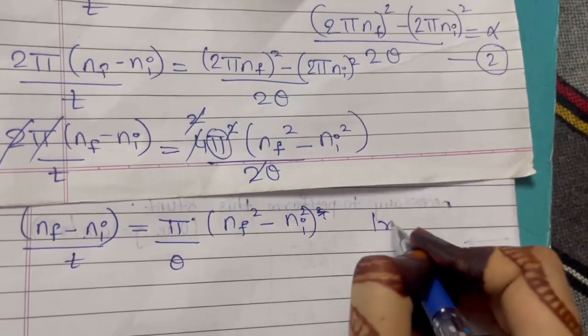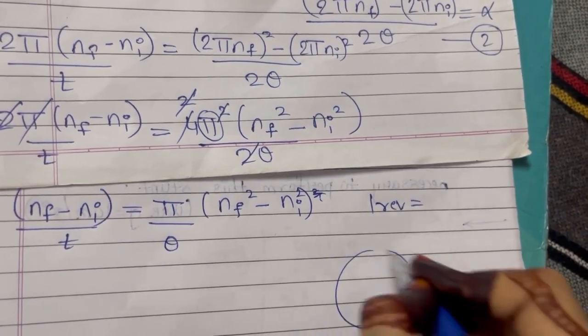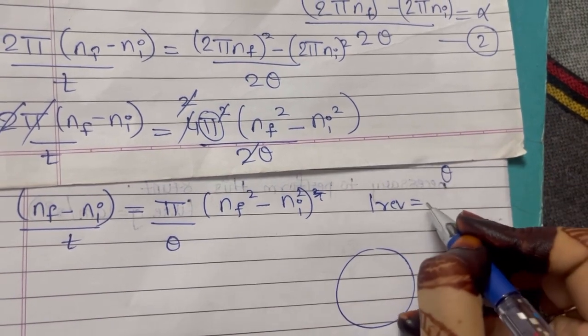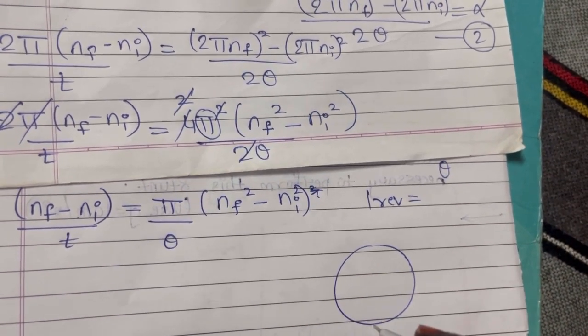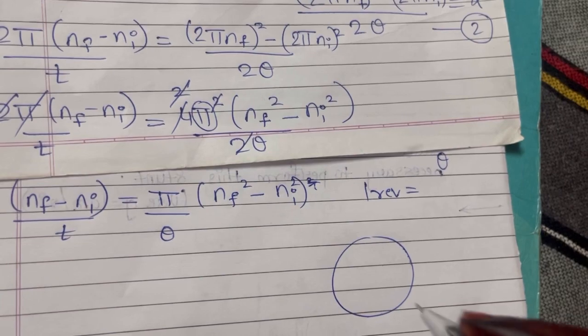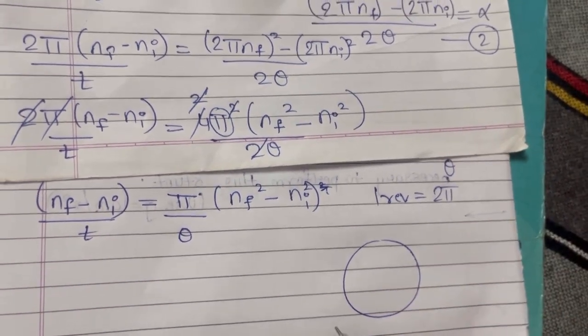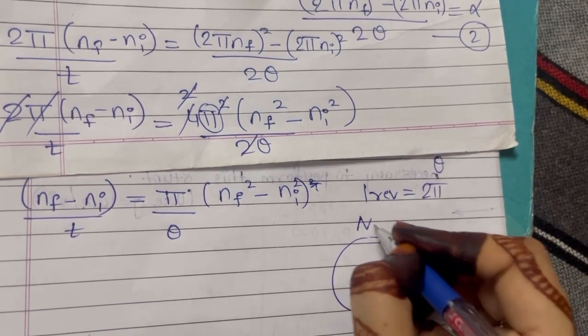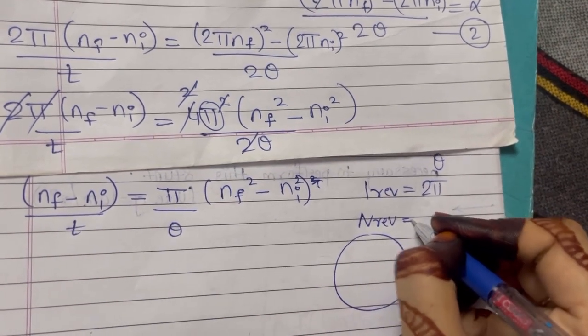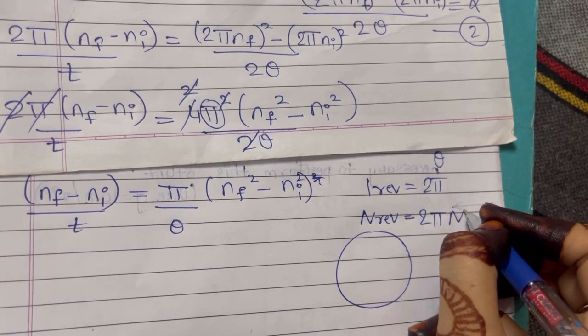Now 1 revolution means in theta, 1 revolution. So what will be the value of theta? It will be 2 pi. So if my body is completing n revolutions, theta will be 2 pi into n.